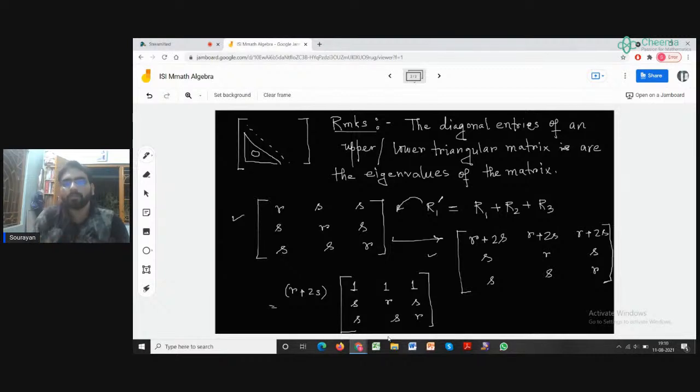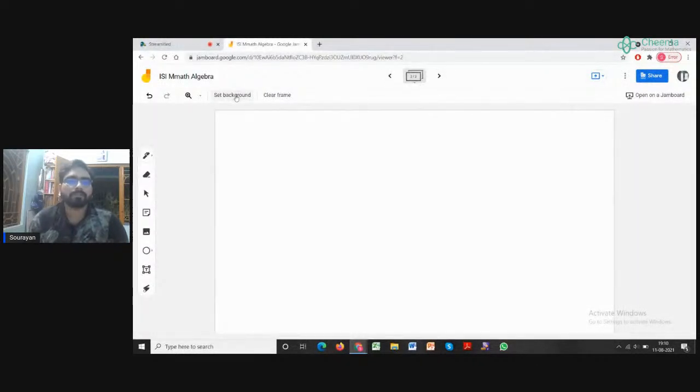Okay, so computing the determinant of this matrix, let me number it 1, because we are doing nothing but consistent row operations. Row or column operations do not change the outcome of the determinant. So now let's work with this matrix.